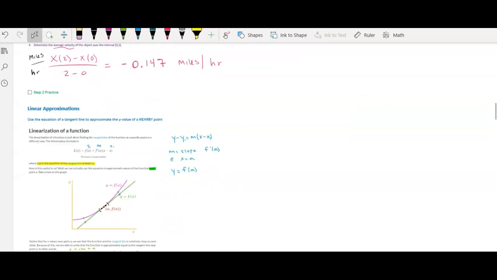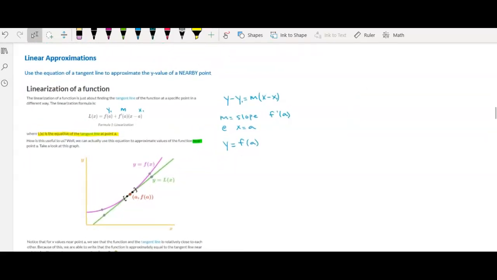All right, moving right along to linear approximation. Use the equation of a tangent line to approximate the y value of a nearby point. So remember, when we write the equation of a tangent line, it's only relevant at its point of tangency.